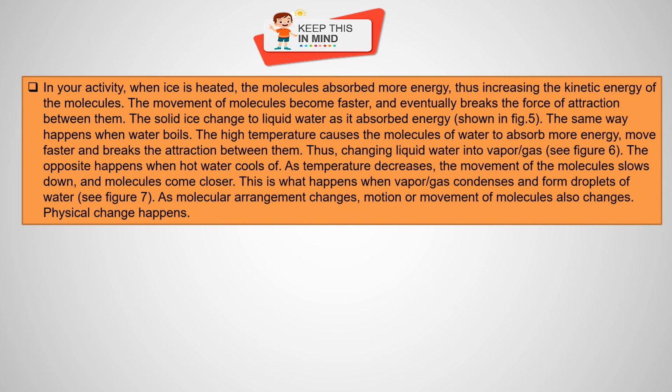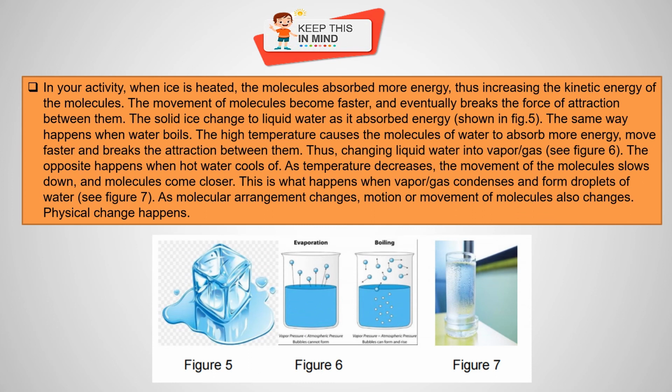The high temperature causes the molecules of water to absorb more energy, move faster, and break the attraction. When hot water cools off, as the temperature decreases, the movement of the molecules slows down and molecules come closer.